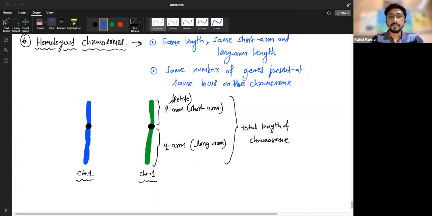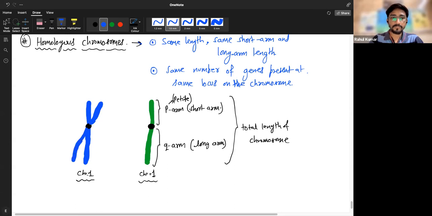division, this one is called chromatid. If it is a single thread, it is called chromatid. But just before division, it copies. So the arm gets copied.